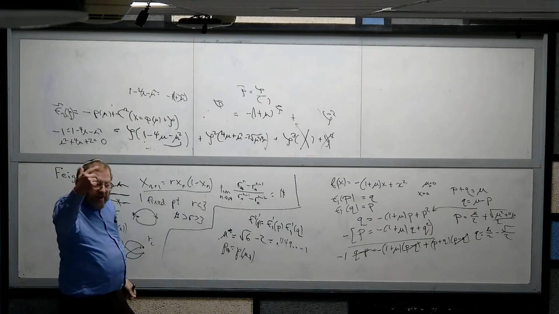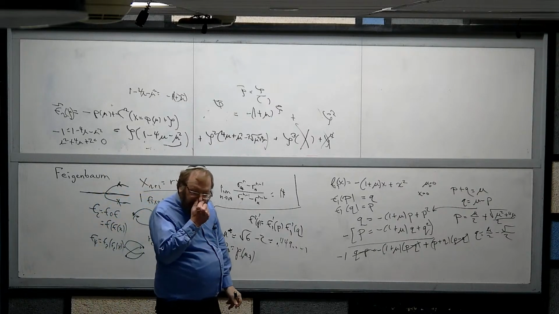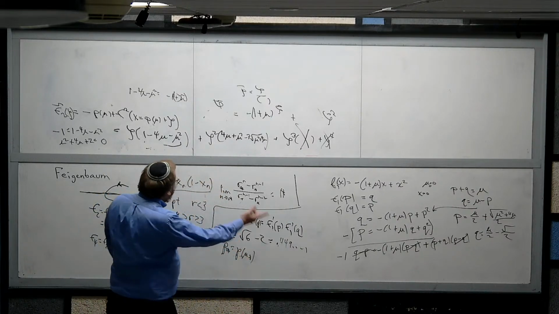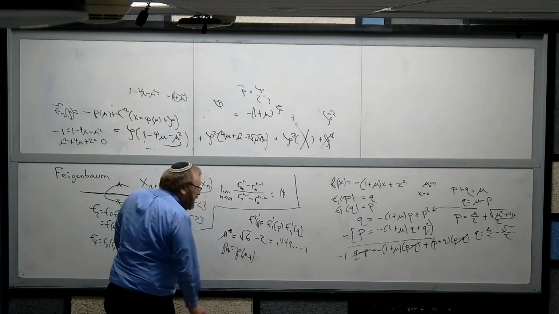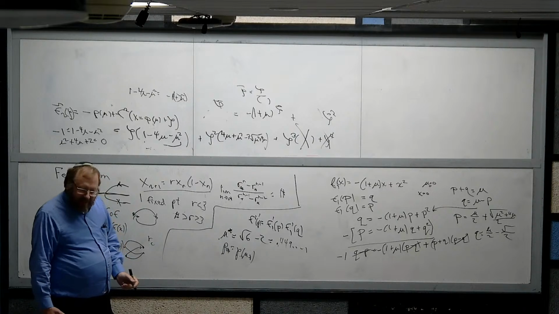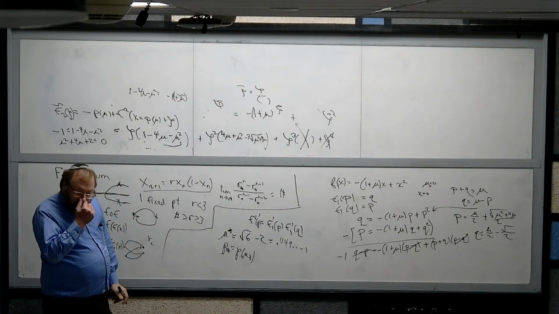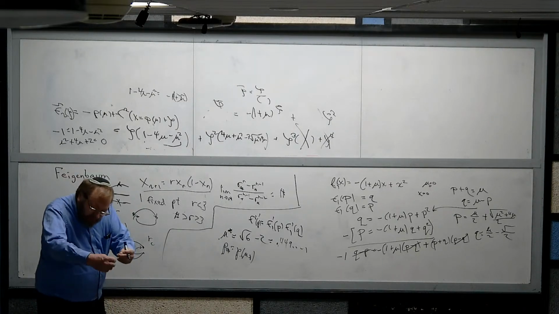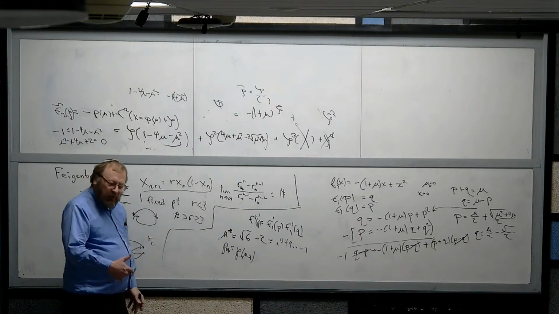So we know where the second bifurcation is going to happen. The next bifurcation is going to happen at mu twiddle equals the square root of 6 minus 2. It will be some value of mu. And now we can do it again.